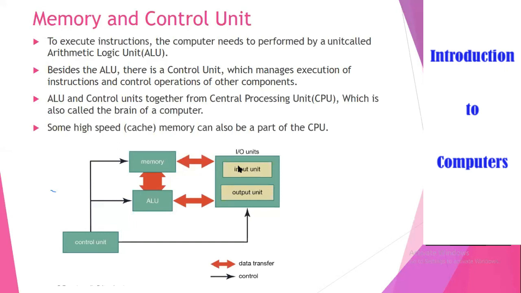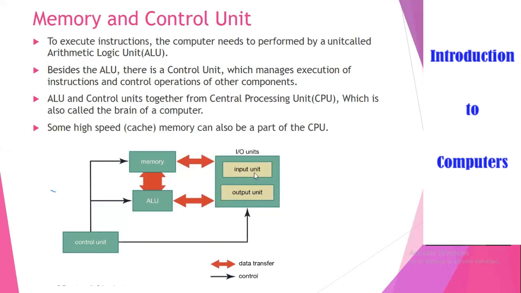Memory interacts with the input unit and output unit, because the input unit passes data to memory, and then after processing from ALU, the memory unit passes that data to the control unit, and then the control unit passes that data to the output unit.